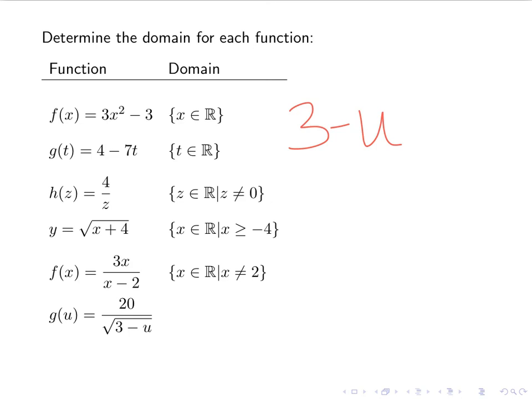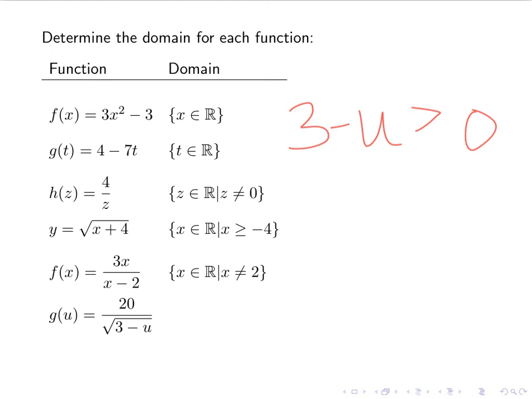So 3 minus u, I know that it has to be at least 0 because it's in the square root, but it's also in the denominator, which means that it cannot actually be equal to 0. So if you have a square root in the denominator, it's not going to be greater than or equal to 0, it's going to be strictly greater than 0. I cannot plug 0 into the expression inside the square root in the denominator.